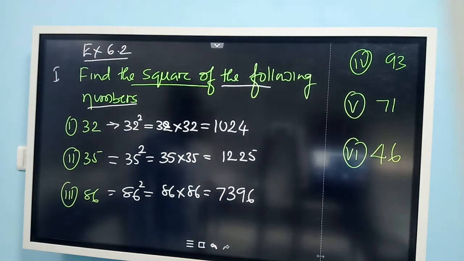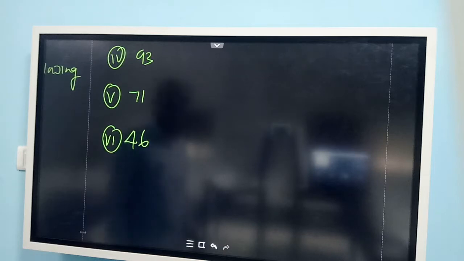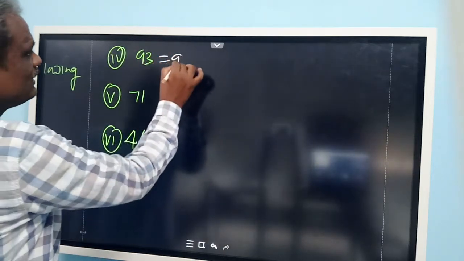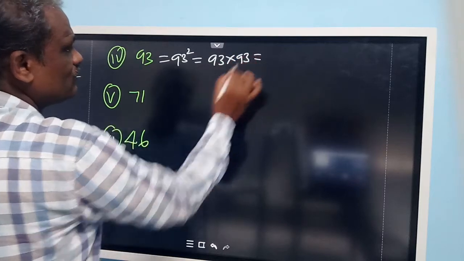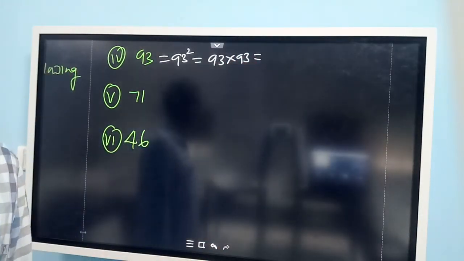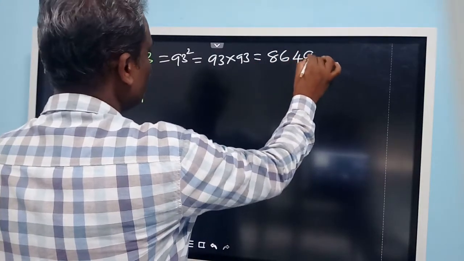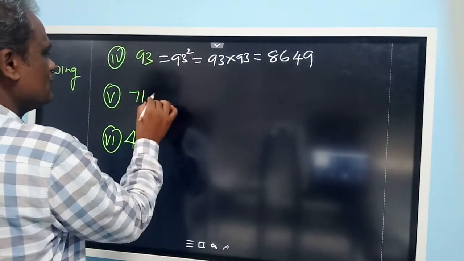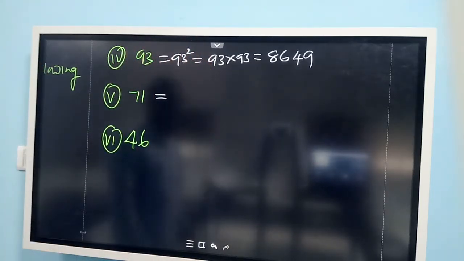Then the third square number, 93 into 93. This is 93 squared, and it is 8,649. The square of 3 ends with 9.